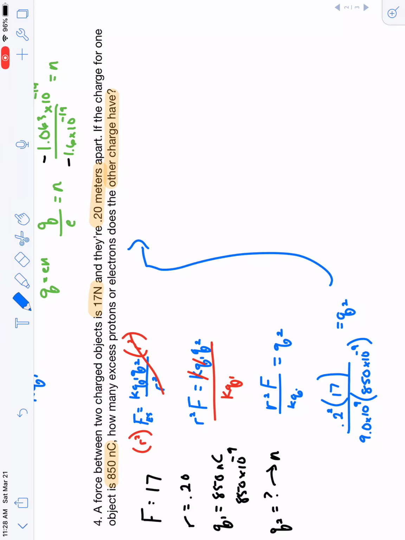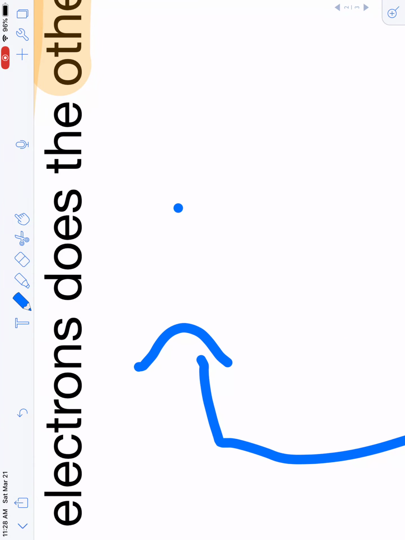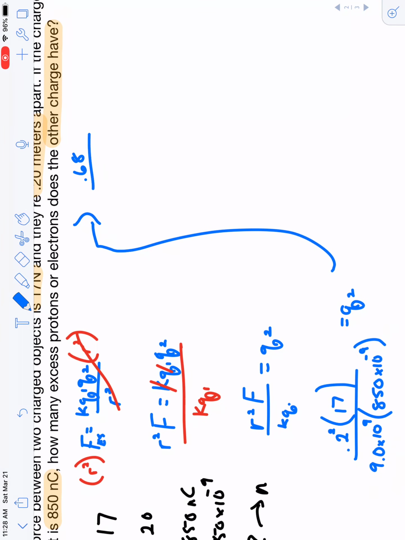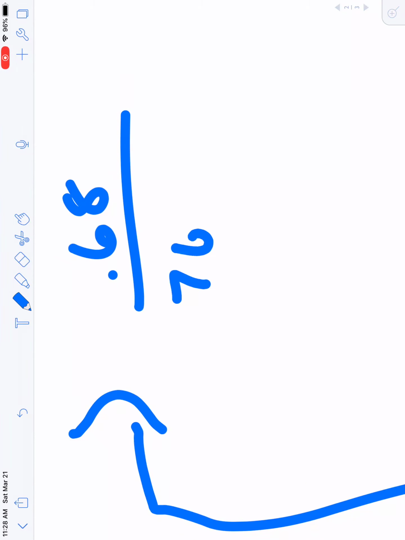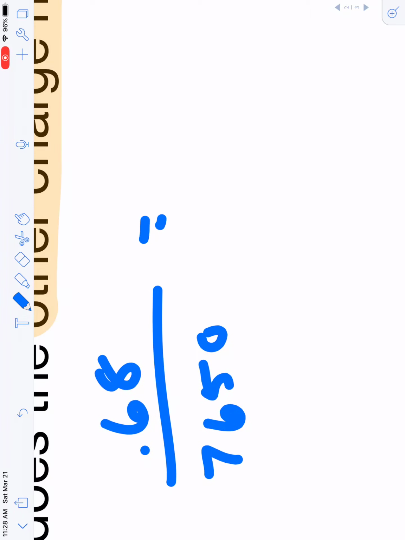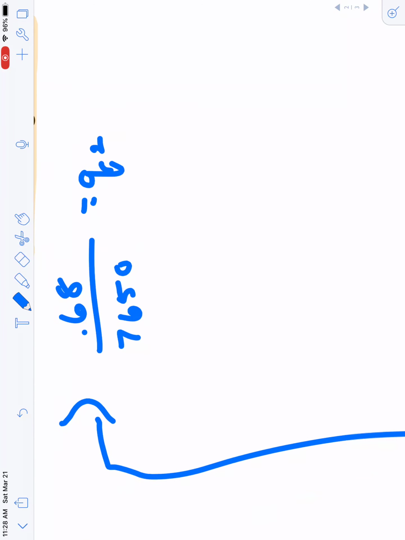That gives 0.68, divided by 9 times 10 to the 9th times 7,650, equals Q2.